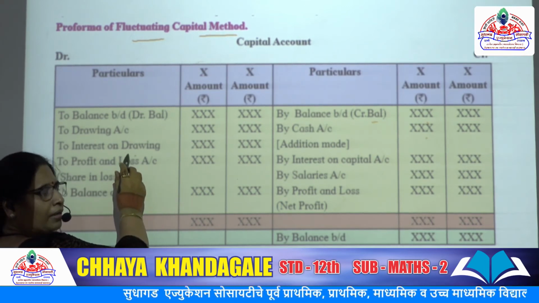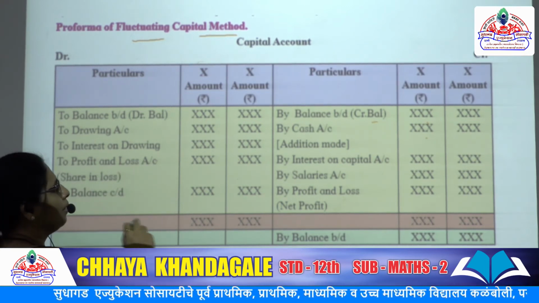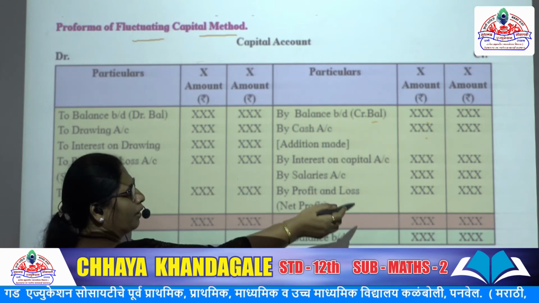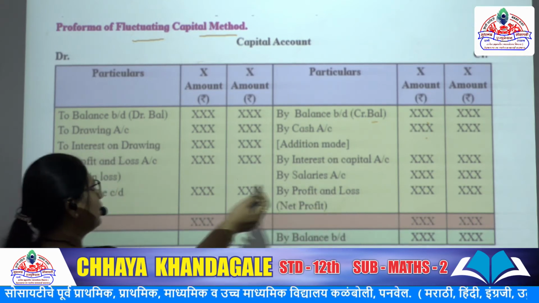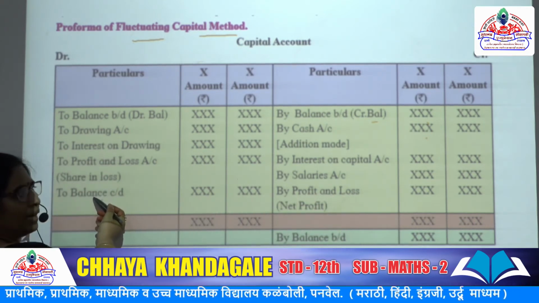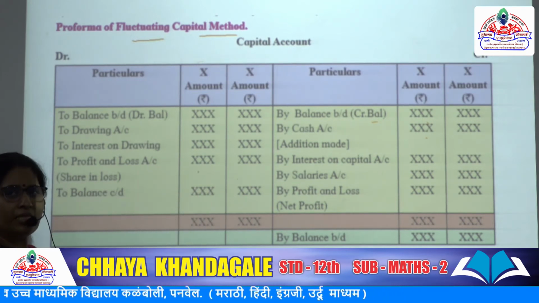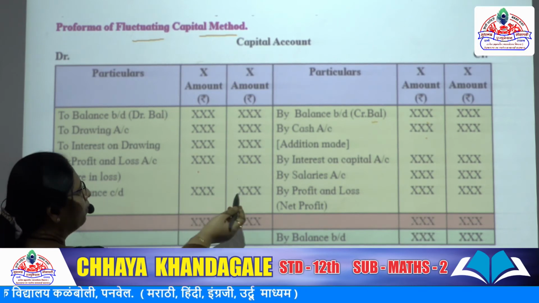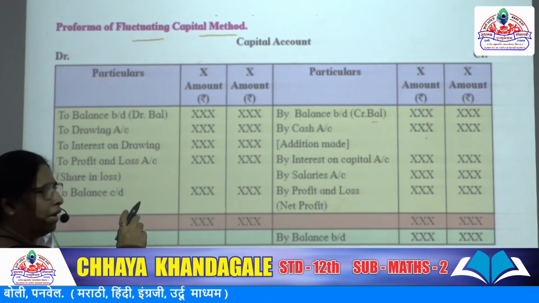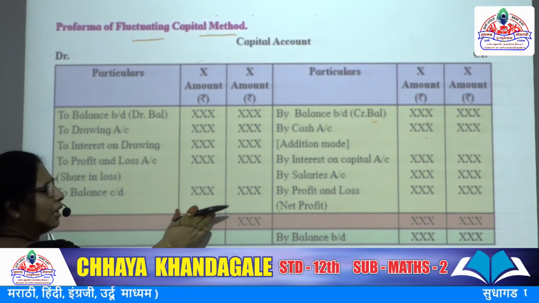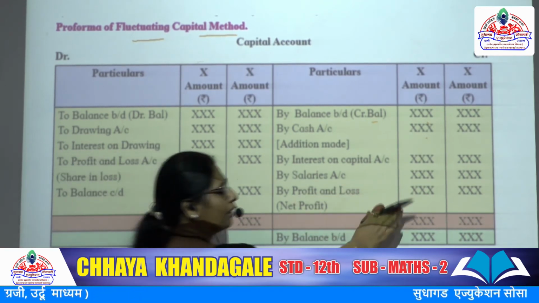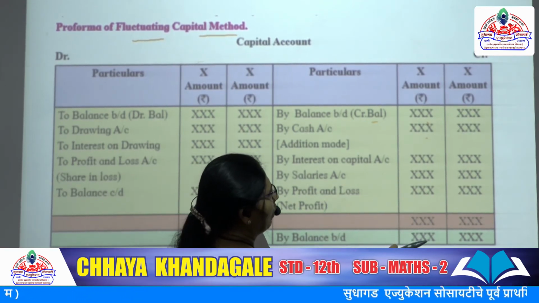Then drawings, interest on drawings. Here I have written net profit, whatever will come will be written on the credit side. But if it is a net loss, we are going to distribute the net loss among the partners in the said ratio, and we are going to write it over here. Net loss on the debit side of the capital account, net profit on the credit side of the capital account.